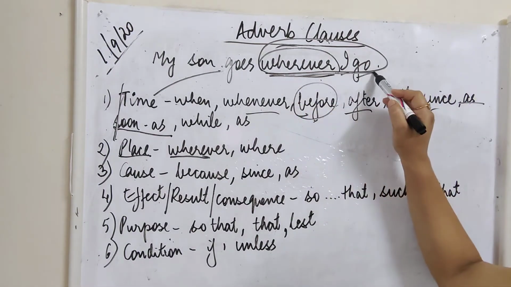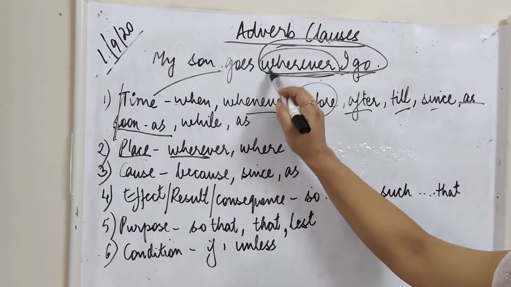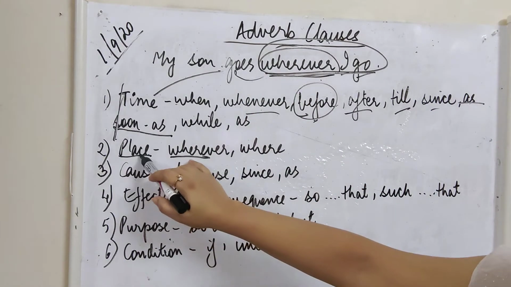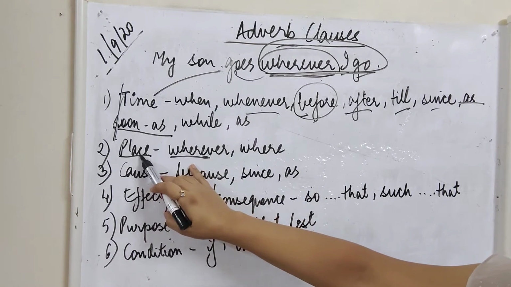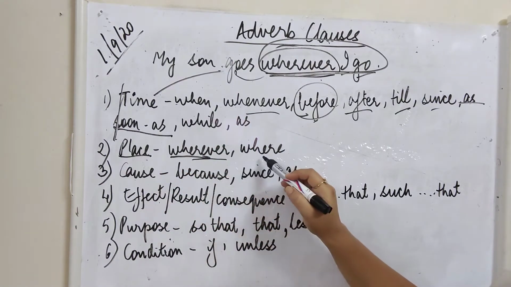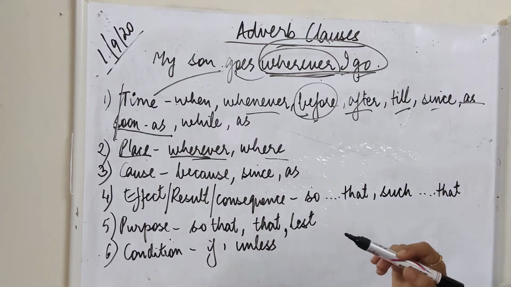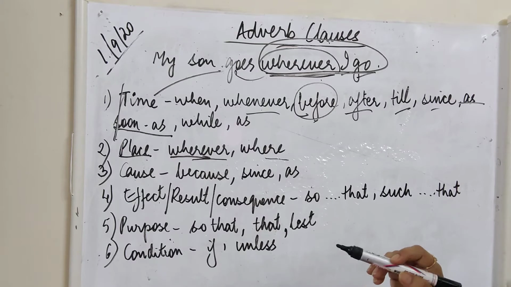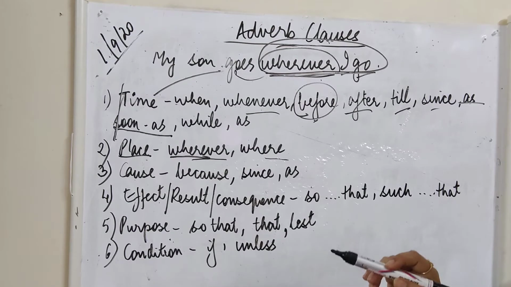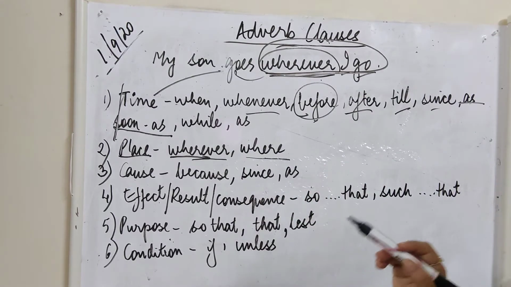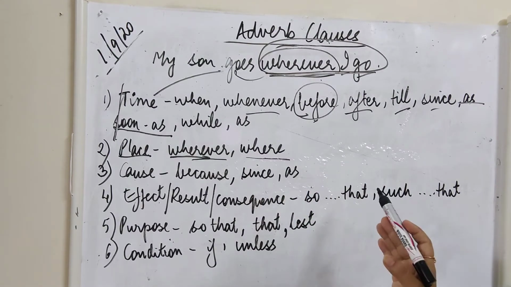So this is an adverb clause, describing this action of going. So this is an adverb clause of place. All the adverb clauses of place will start with whenever, wherever, or where. Clear? Let me take another example. My books were lying where I had left them the previous day. So where I had left them is an adverb clause of place.